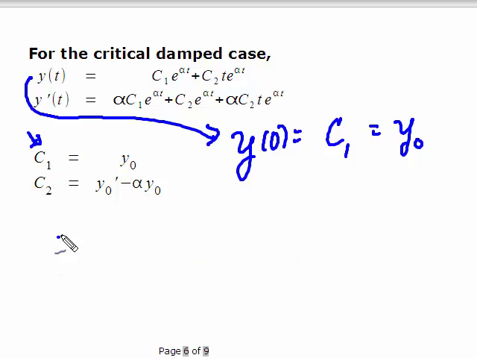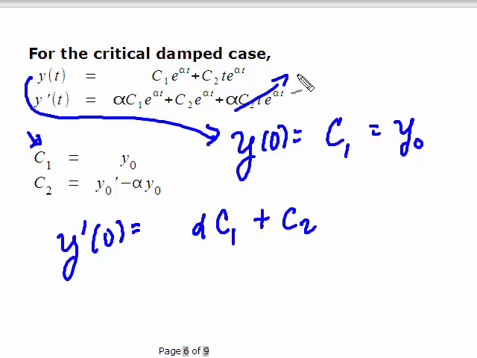For the second one, we evaluate this at time 0. We get an alpha C1, and I know what that is. The next term is just plus C2, because the t e to the alpha t term goes to 0 at t equals 0. We know this is y naught prime from the initial condition, so we can solve for C2, and we get this condition for C2.